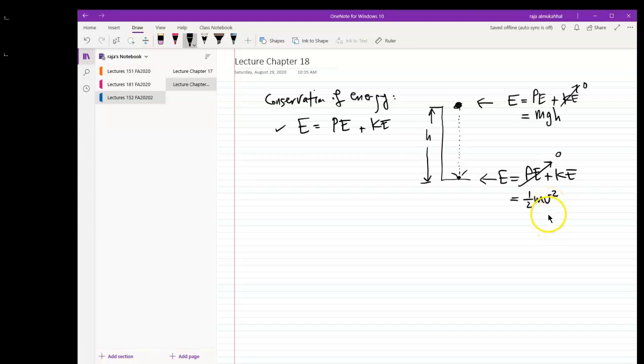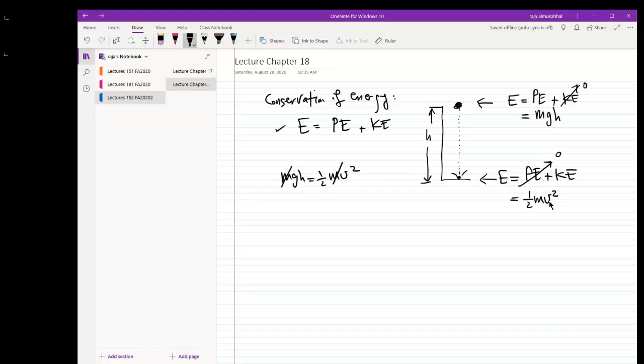So what I can do now, because energy is conserved, which means energy is a constant, this sum is always a constant. That means this E and this E must be equal, and therefore I can equate mgh with 1/2 mv squared. So let's do that. I have here mgh equals 1/2 mv squared.